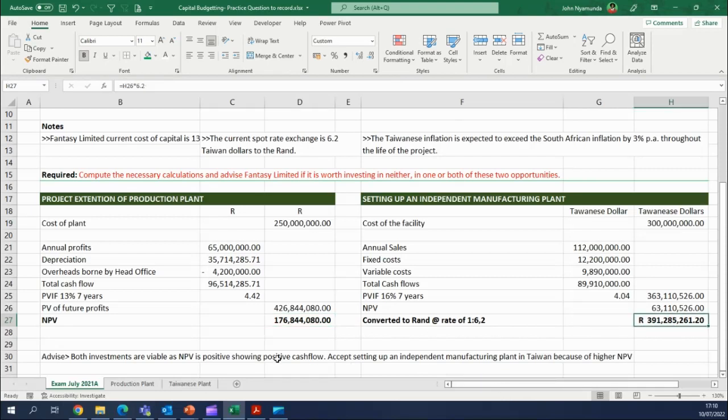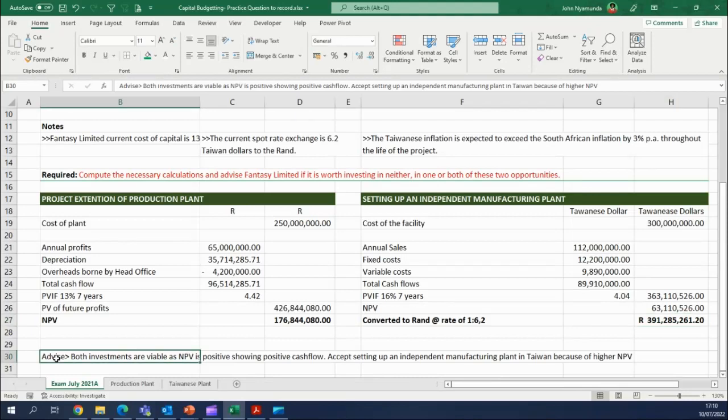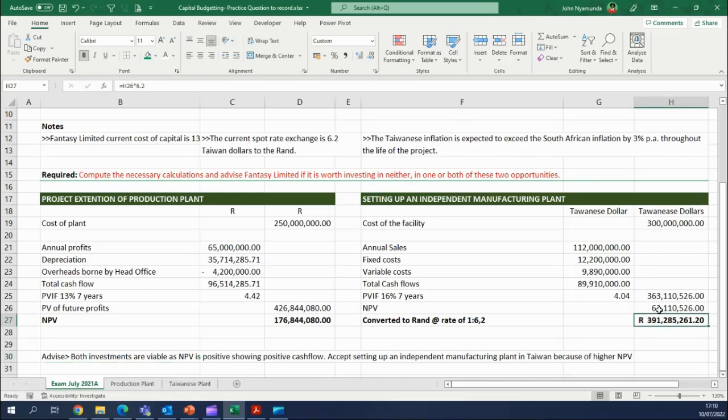Both are acceptable, and in your advice to Fantasy Limited you can say both investments are viable as NPV is positive. But we will accept setting up an independent manufacturing plant in Taiwan. Why? Because the NPV is higher, which suggests that it will make more money than investing locally.